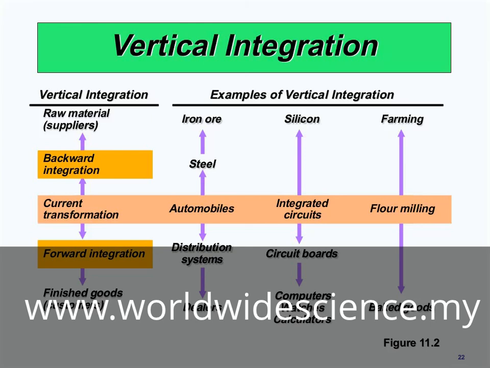When an automobile company decides to purchase a steel company, this strategy is vertical integration. It causes the number of companies in the supply chain to decrease and monitoring the whole supply chain would be improved.